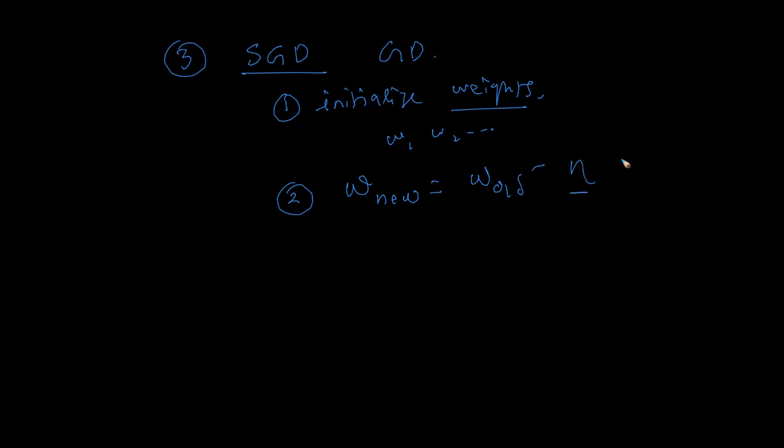This eta is called the learning rate, right? Then the derivative of the loss with respect to w old. So the new weight is equal to the old weight minus eta times the derivative of the loss with respect to the old weight, right?